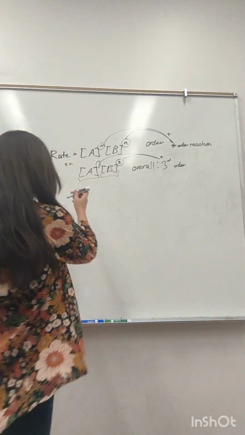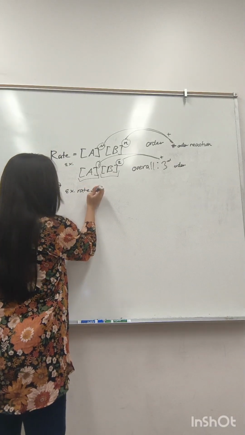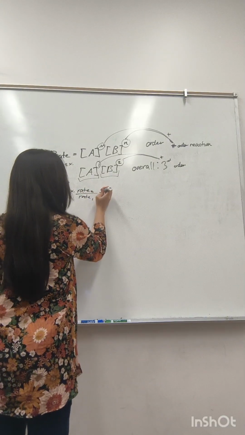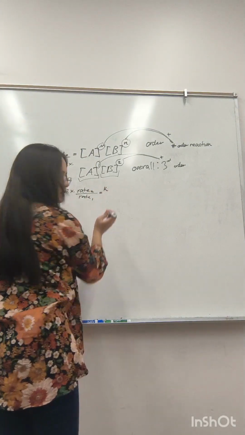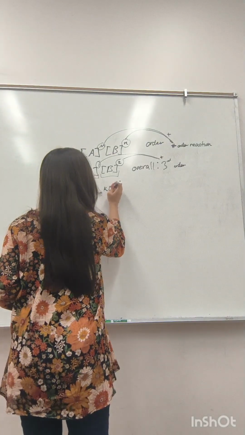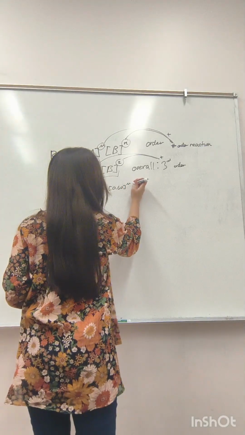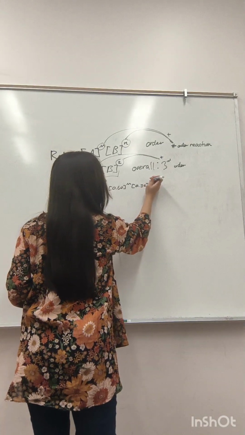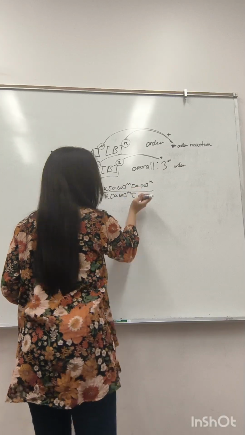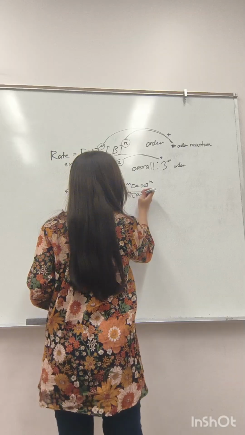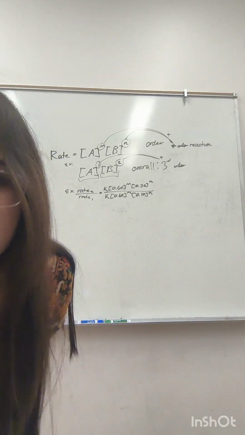Now for a second example, if you were to have two different rates that were done experimentally, so if you had rate 2 divided by rate 1, and these values were equal to k times molarity to the power of m, and then 0.30 molarity to the power of n, all over k times molarity 0.6 to the m over 0.10 molarity to the n.